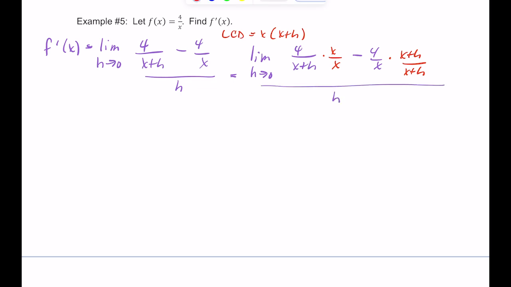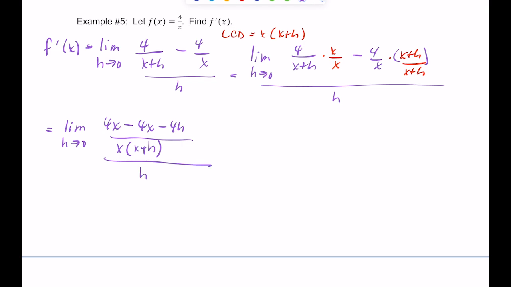So now you have the same denominator, x times x plus h, and I can just combine my numerators. So now I have the limit as h approaches 0 of 4x minus, now remember, you're going to distribute the negative, so you end up with negative 4x minus 4h, and then all over x times x plus h, and then all over h. And these go away.